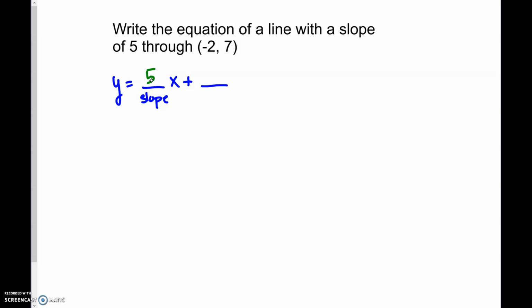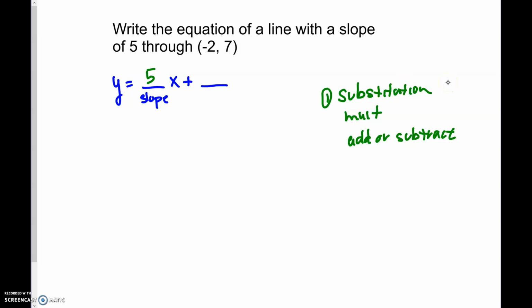Now we substitute, and then we multiply, and then we either add or subtract depending on what we need to do to get b by itself. So there's three steps, and the first one is substitution. So we're going to substitute the ordered pair.